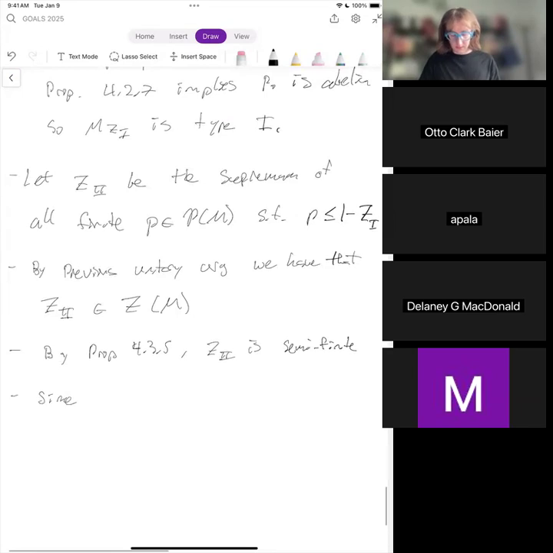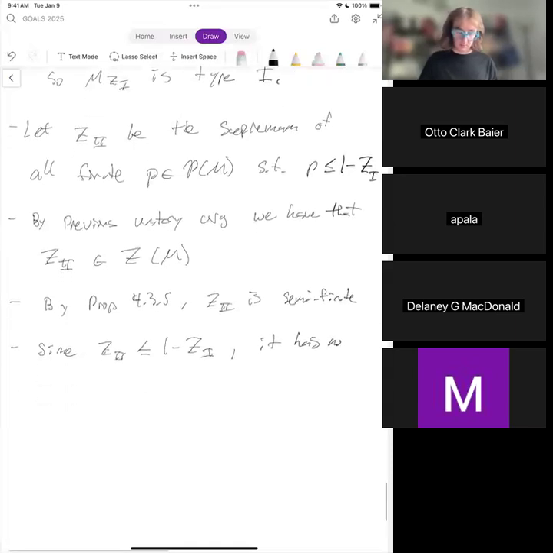Now, since Z2 is under 1 minus C1, this means it has no non-zero abelian subprojections.